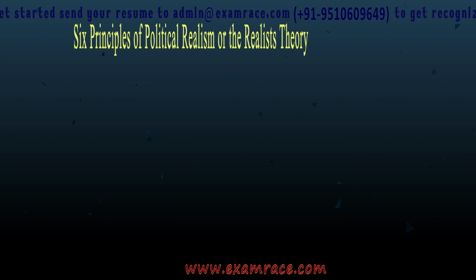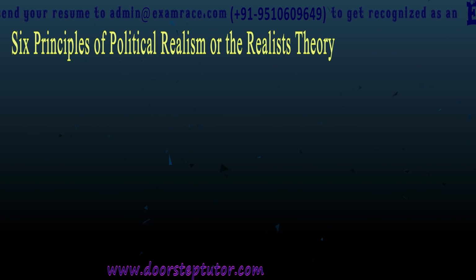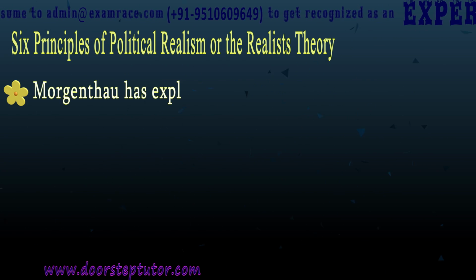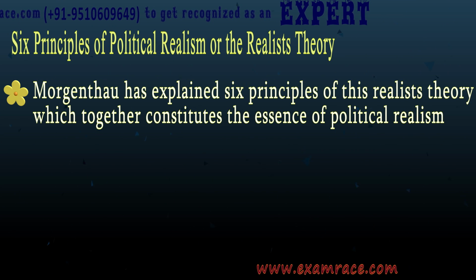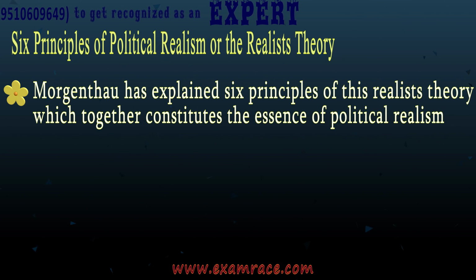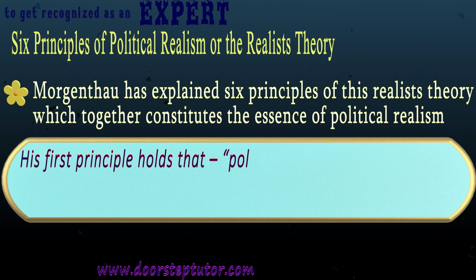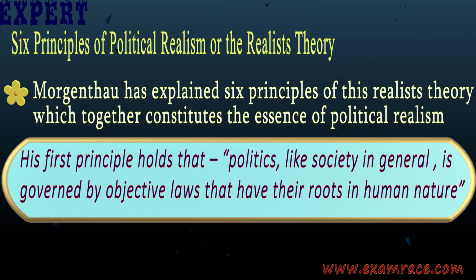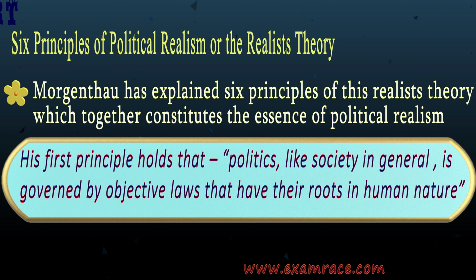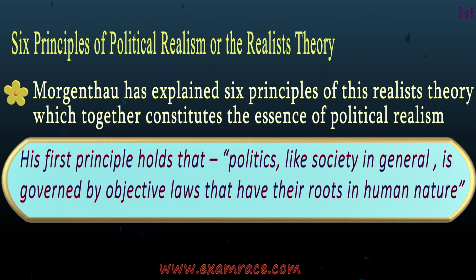Morgenthau has propounded six principles of political realism, which together constitute the essence of political realism. The first principle holds that politics, like society in general, is governed by objective laws that have their roots in human nature.